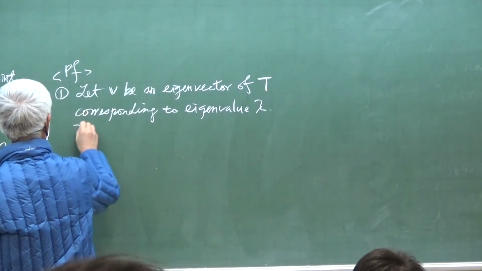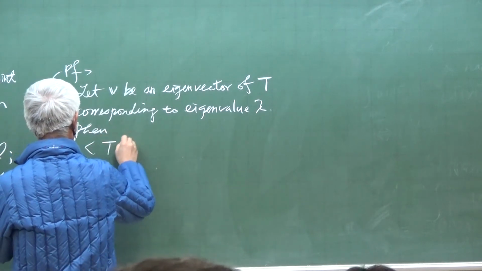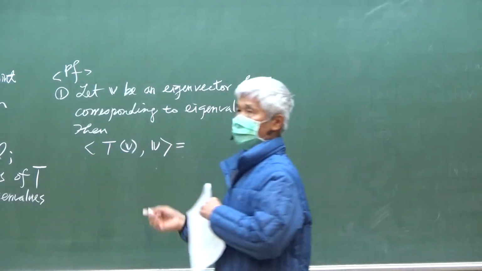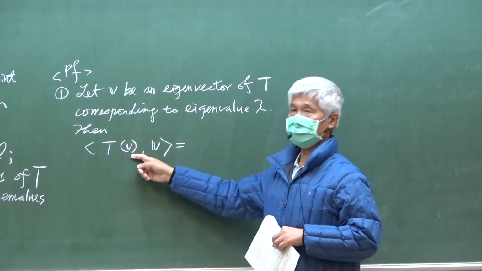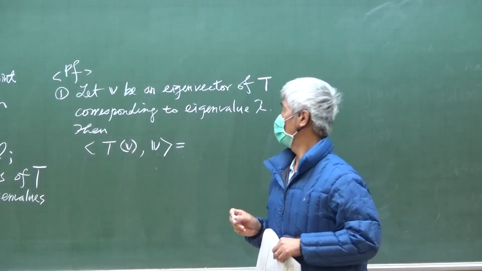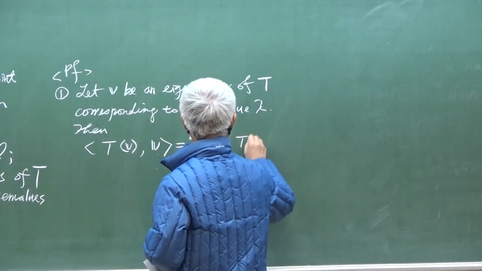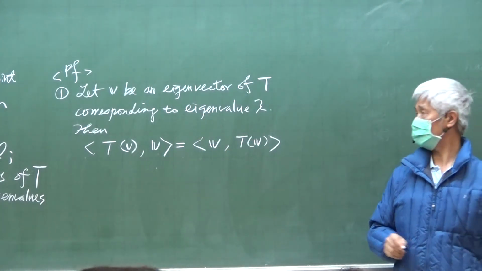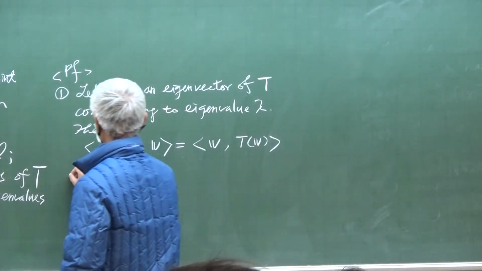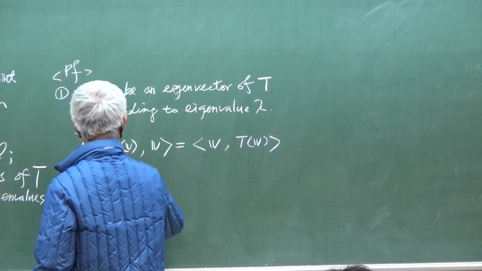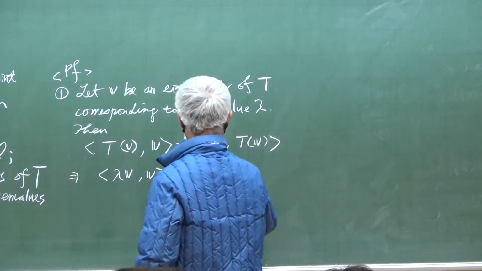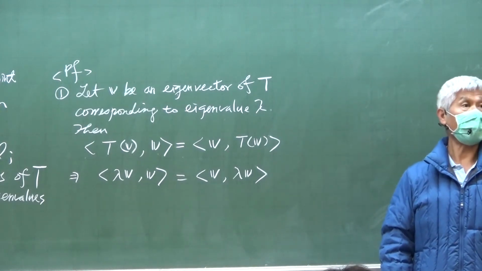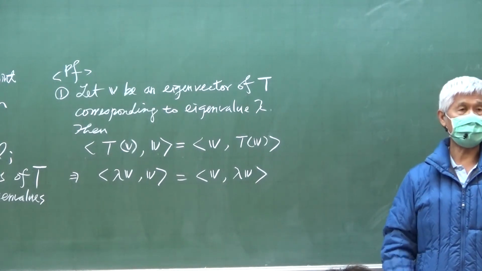So then we look at the inner product of T(v) with v. T operates on v, and the inner product with v itself is equal to the inner product of v and T(v), because T is self-adjoint. And this says that this is lambda v, v is equal to v, lambda v, because v is an eigenvector corresponding to eigenvalue lambda.